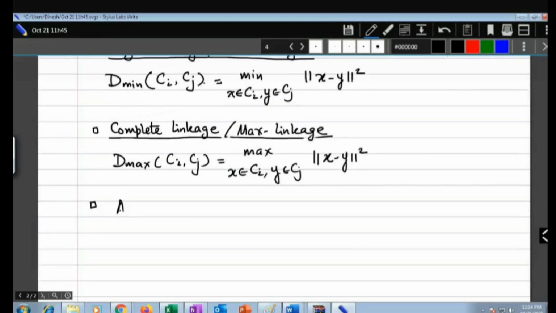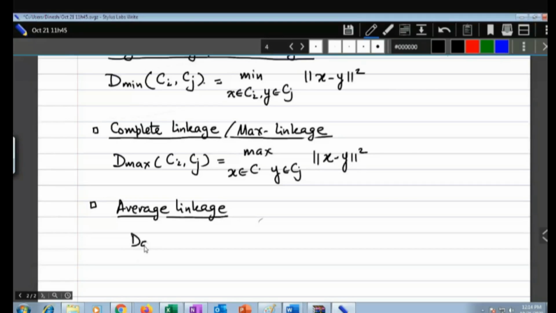Now the third one is the average, called average linkage. What will be the mathematical model for this?